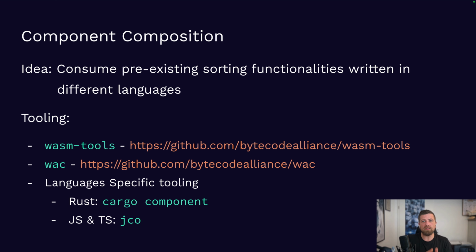We'll then run that final component using Wasmtime. On top of tooling provided by the Bytecode Alliance and the WebAssembly community, we will also use language-specific tooling like cargo component in the case of Rust or jco in the case of JavaScript and/or TypeScript.